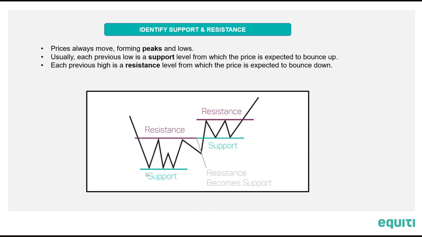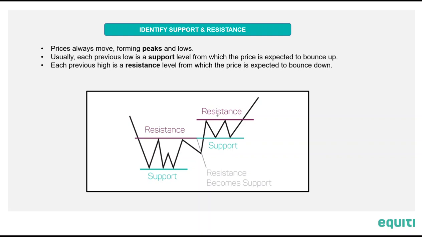It's basically a level that we've previously touched multiple times, and it's like it's holding together the pattern of the chart. We can narrow it down to support and resistance. So each previous high is a resistance level from which the price is expected to bounce down, but it can also have a breakthrough, and later we're going to be discussing the breakthrough.